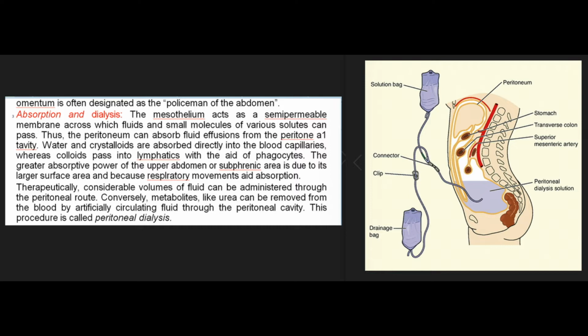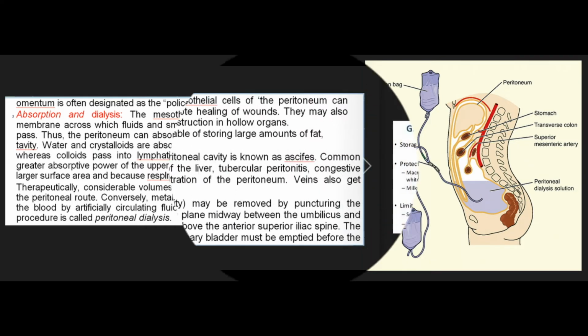The greater absorptive power of the upper abdomen or subphrenic area is due to its larger surface area and because respiratory movements aid absorption. Therapeutically, considerable volumes of fluid can be administered through the peritoneal route. Conversely, metabolites, like urea, can be removed from the blood by artificially circulating fluid through the peritoneal cavity. This procedure is called peritoneal dialysis.